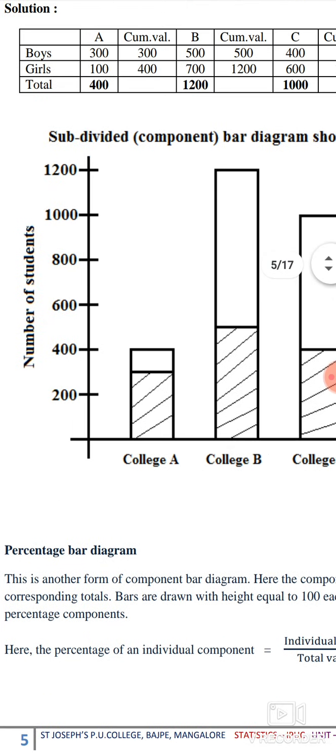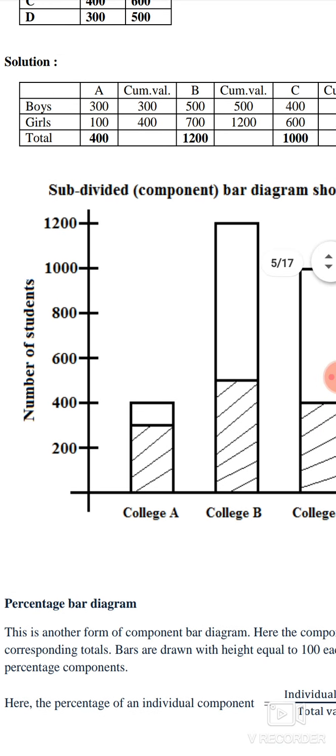So you can take the values from 100, 200, 300, 400 up to 1000 on y-axis, or else you can take the scaling on y-axis by taking the difference as 200: 200, 400, 600, 800, 1000 and 1200.